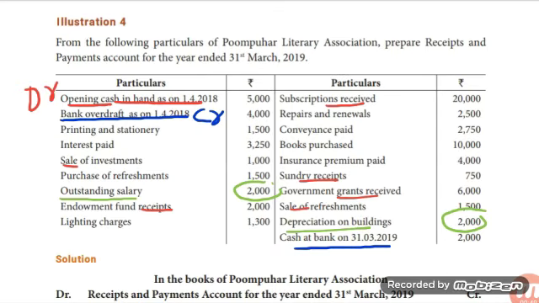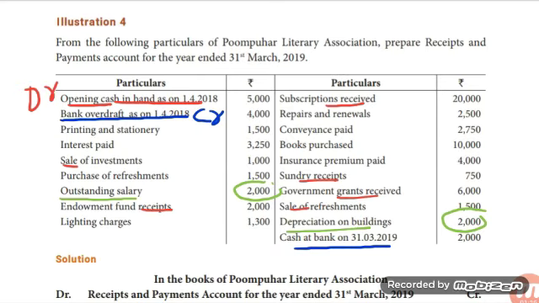First, enter the opening balance. Children, see the question. Here, opening cash balance and overdraft balance are given in the question. Enter the cash balance on the debit side as To balance brought down and enter the bank overdraft on the credit side as By balance brought down.